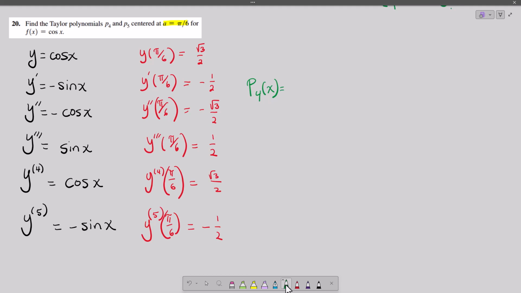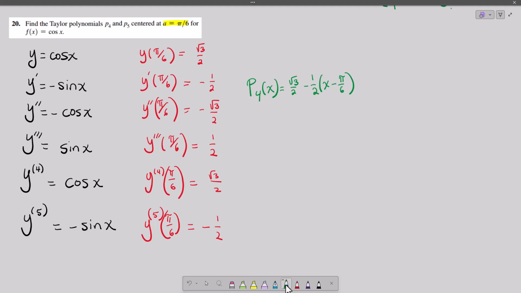And we start with the first evaluation, so the value of the function, so that's going to be root 3 over 2, minus 1/2 times x minus the center. So far we have p sub 1. The value of the function, and then the derivative multiplied by the shift. The center is pi over 6, so we're shifting to the right pi over 6. That is p sub 1 right there.